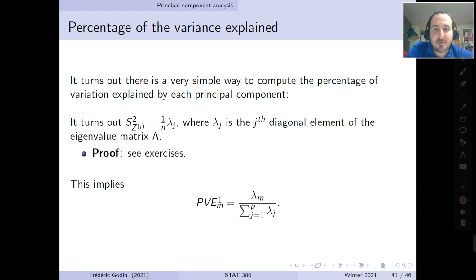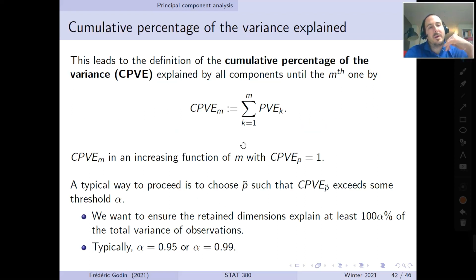each component, and from this we can define what we call the cumulative percentage of the variance explained, so CPVE, by all principal components until the mth one.